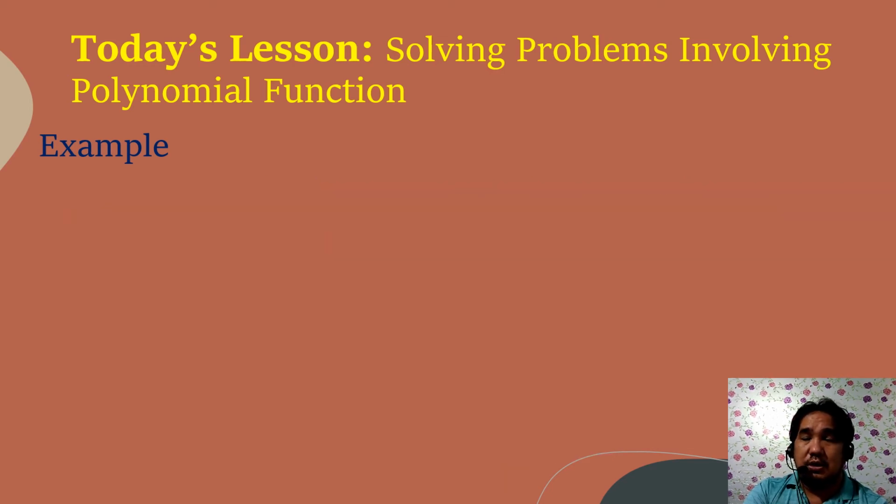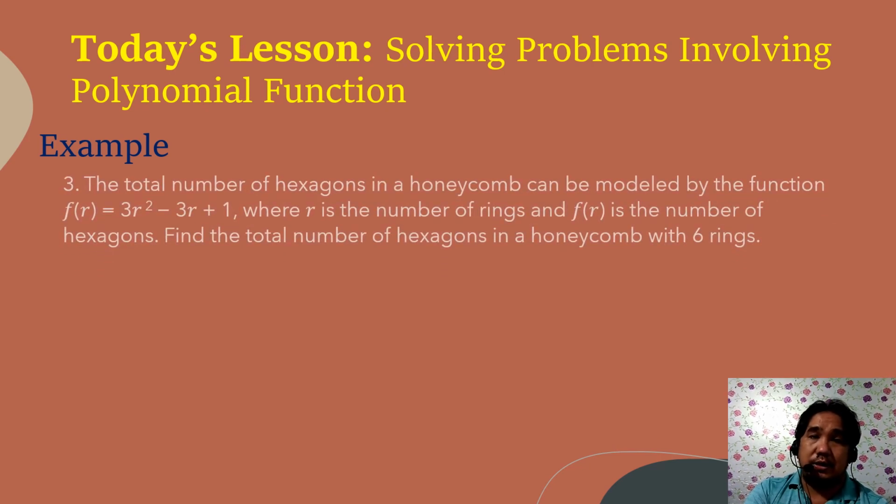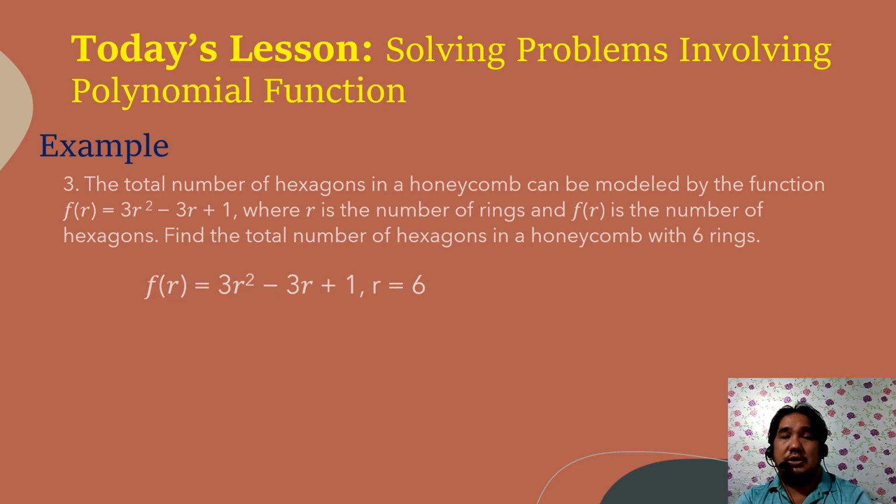So let's proceed to the third example. I'll be giving you 5 minutes to solve this one. Just pause the video and then try to answer using this function, where r is equal to 6.